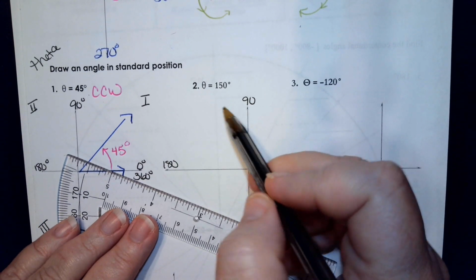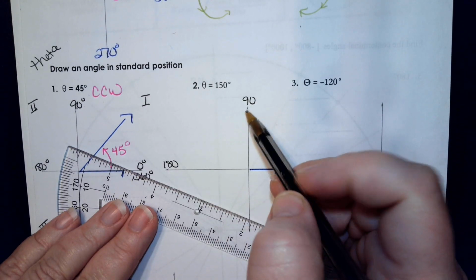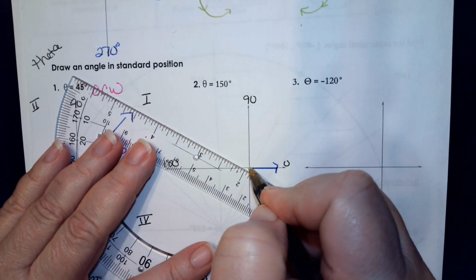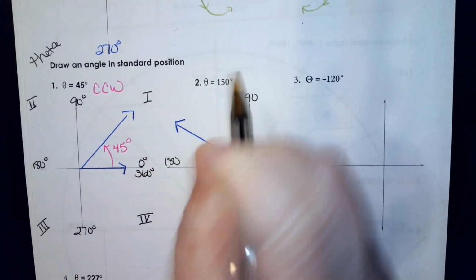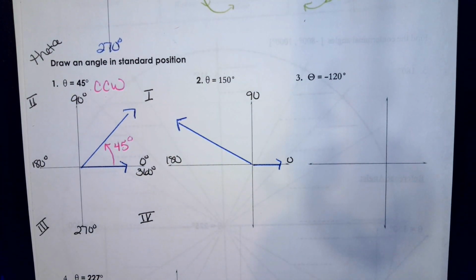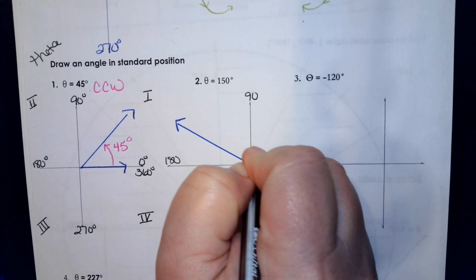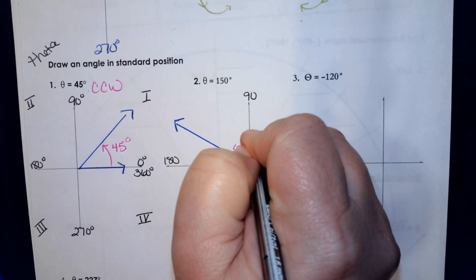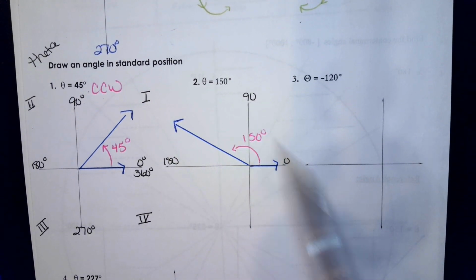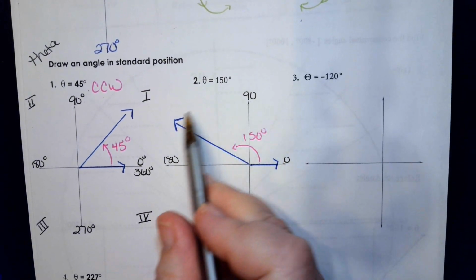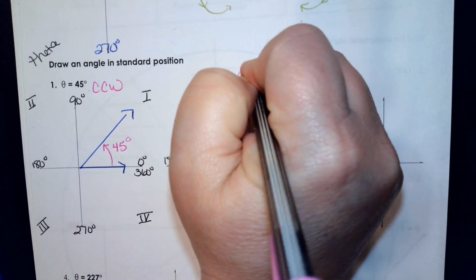Alright, 150 is closer to 180 than 90, so we're just going to guesstimate what 150 might be. So this right here is 150 degrees. Our terminal side was in quadrant 2. Now again, this opened to the left, so this was counterclockwise.